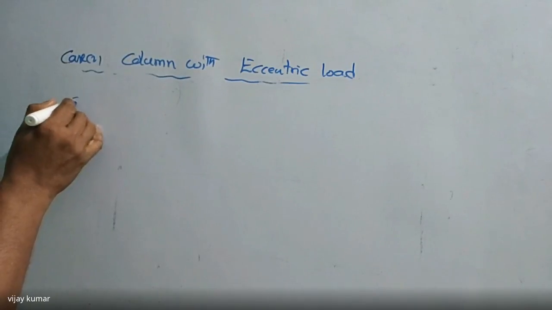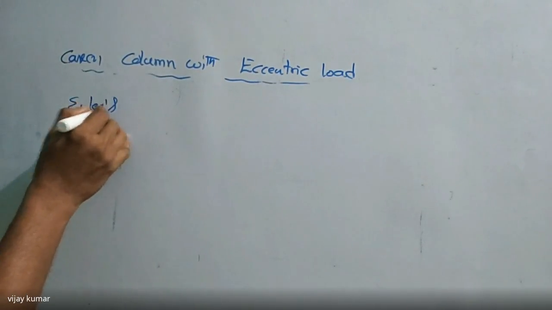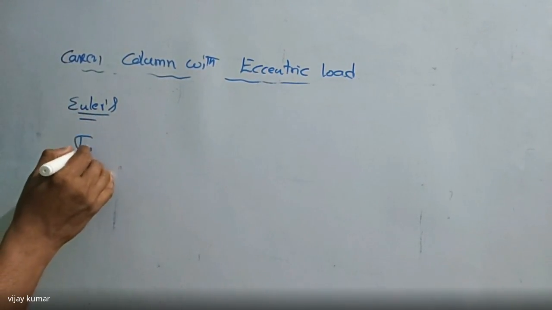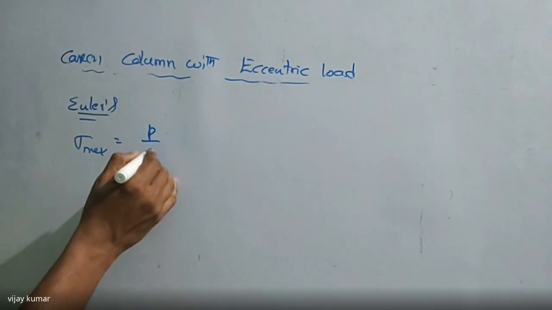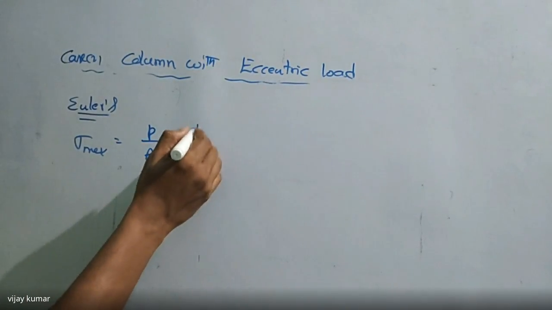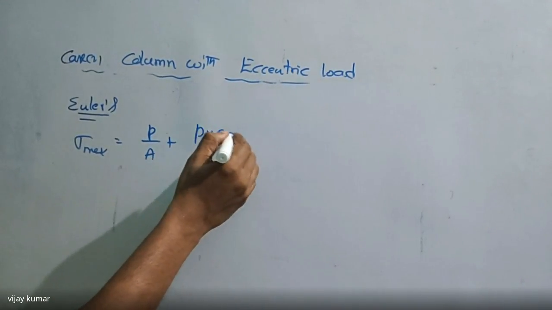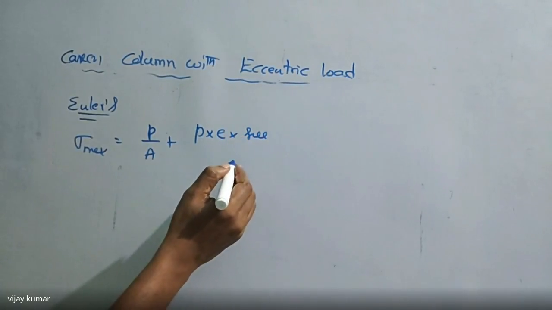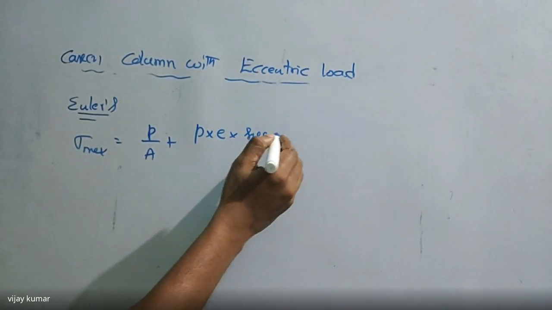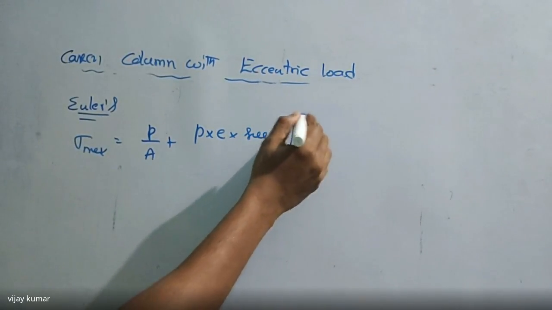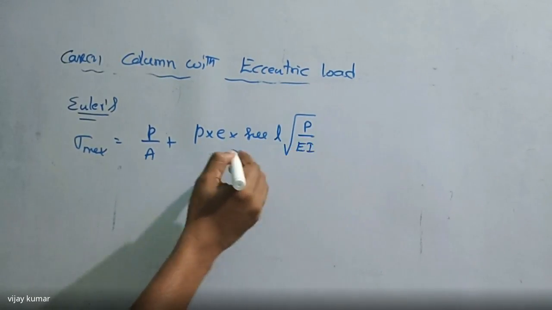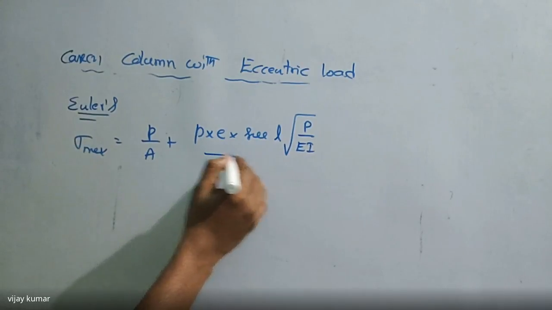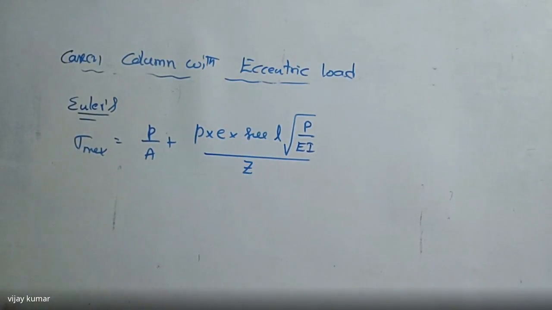According to Euler's, the maximum stress is equal to P by A plus P into e into secant of L into square root of P divided by E into I, divided by Z. What is the Z value?